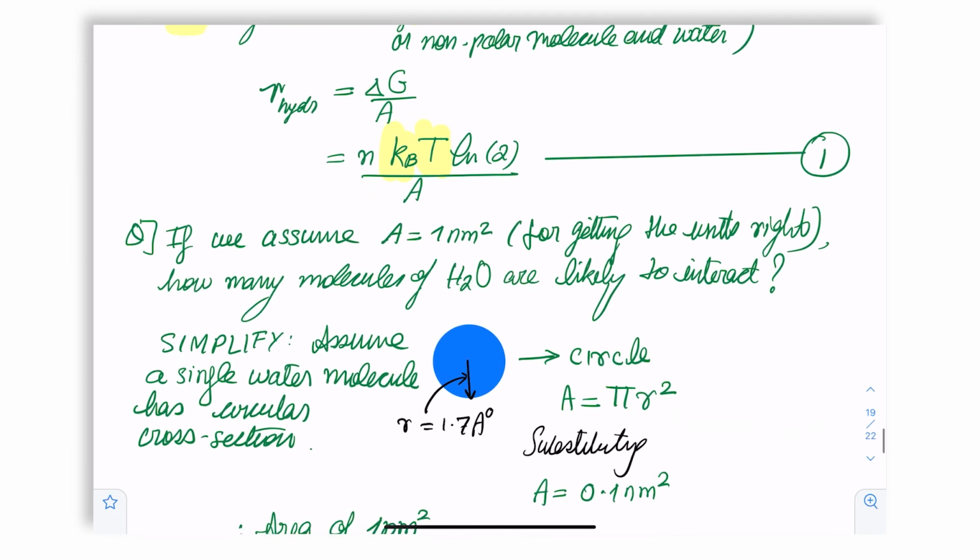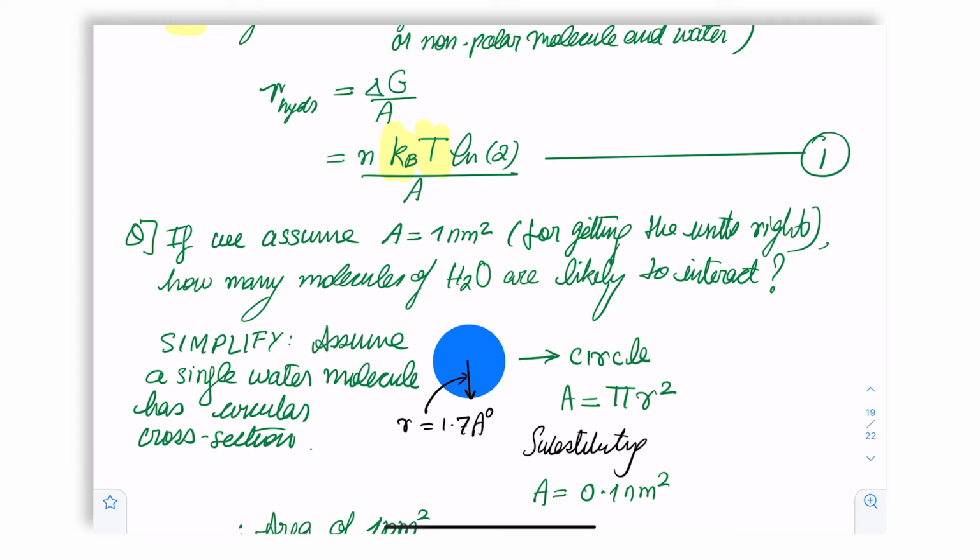So we simplify and we assume that a single water molecule has a circular cross section. It's not unreasonable if we assume a whole molecule to be a sphere. We know it's a molecule found in a tetrahedron, two hydrogens sticking out of a single oxygen. But we can also assume that it is one big sphere with a radius of gyration. Many of you are familiar with radii of gyration.